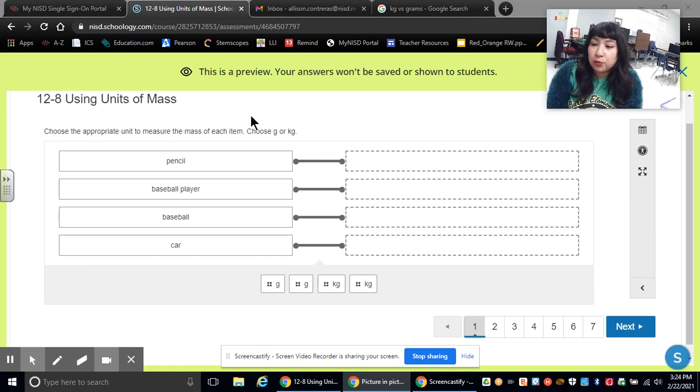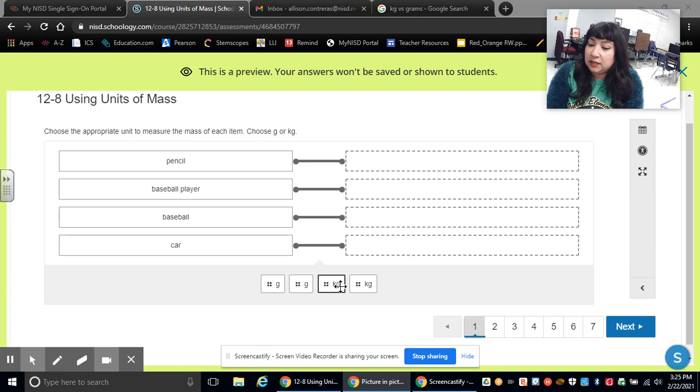So for number one, we're basically asking what would you use to measure these items? Would you use grams or kilograms? The first one is a pencil, baseball player, a baseball, and a car. Two of these you're going to measure in grams, and two in kilograms.